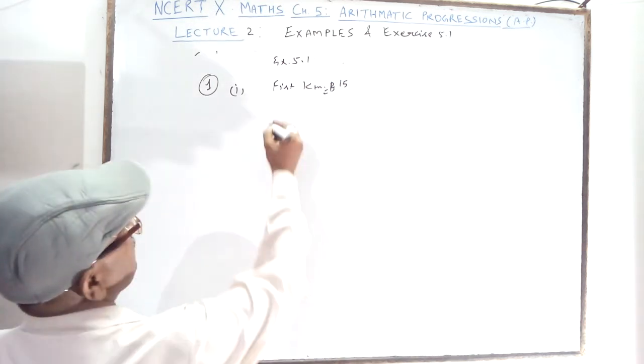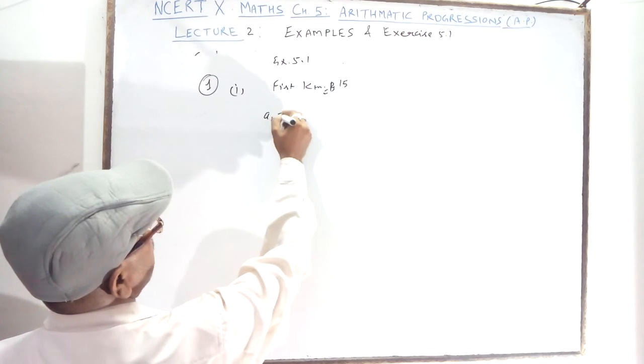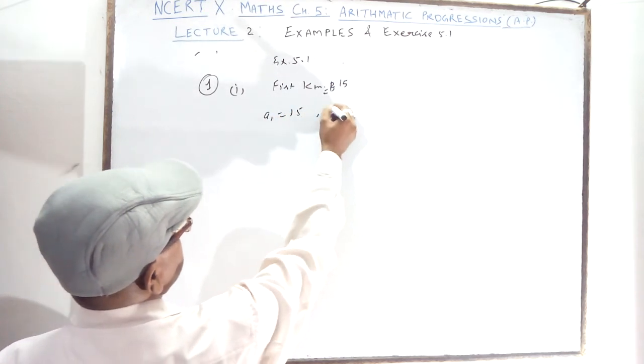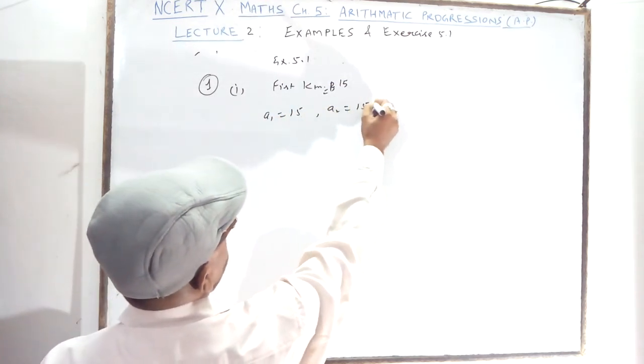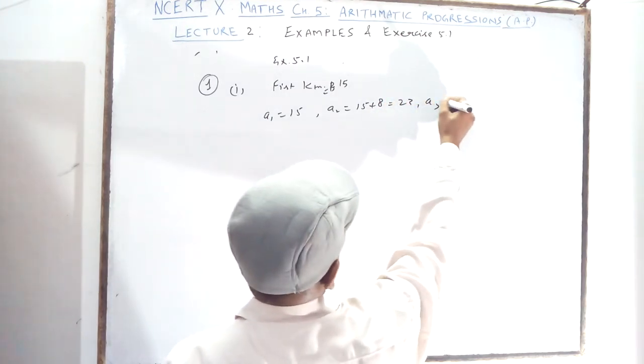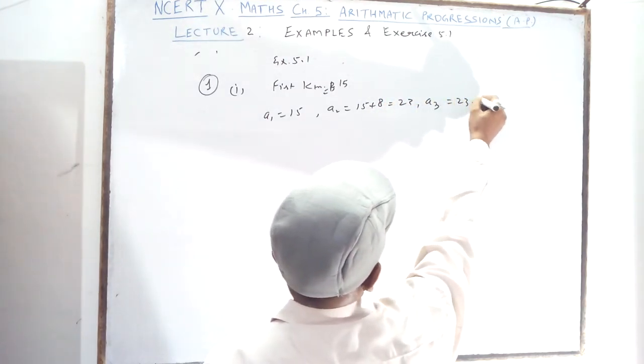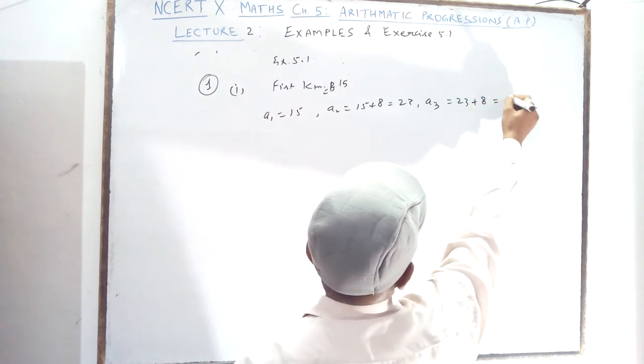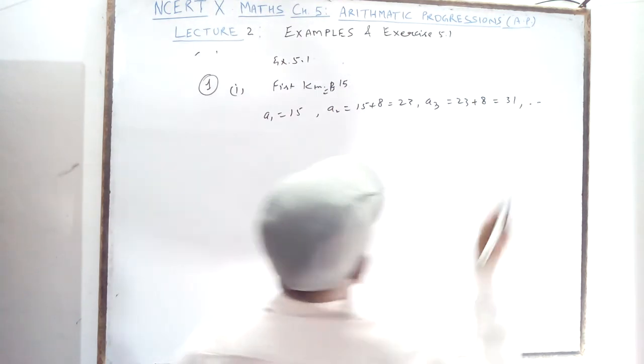For the first kilometer you are getting 15 rupees. For the second kilometer, 15 plus 8, 23. For the third kilometer, 23 plus 8, 31, and so on.